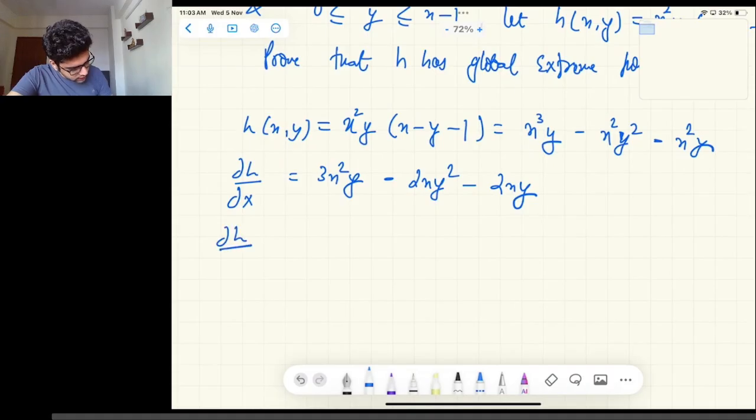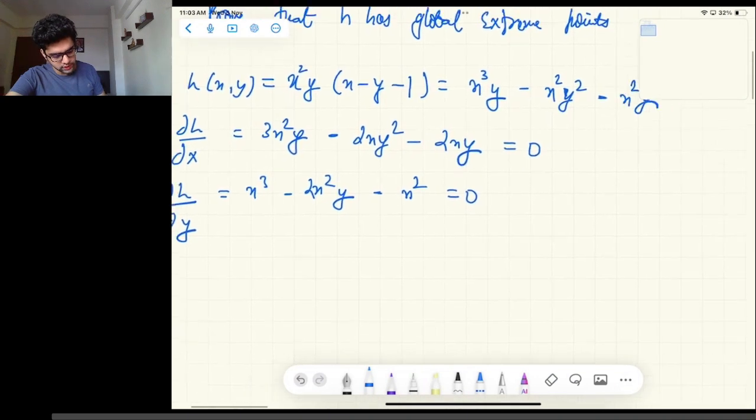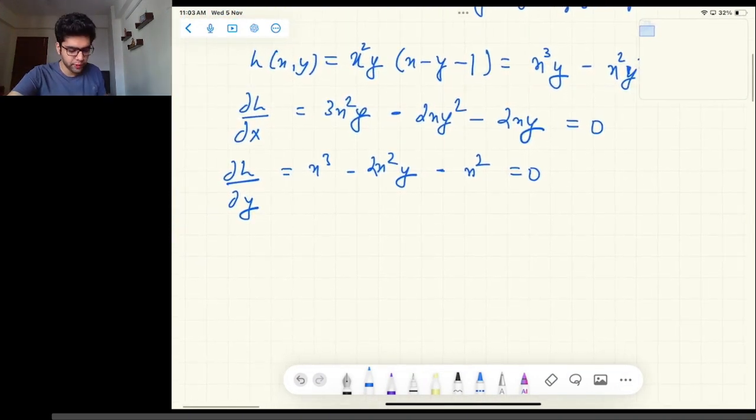Del h by del y, the partial derivative of h with respect to y, gives me x cubed minus 2x squared y minus x squared, equal to 0. Now we'll find the stationary points by solving these equations.